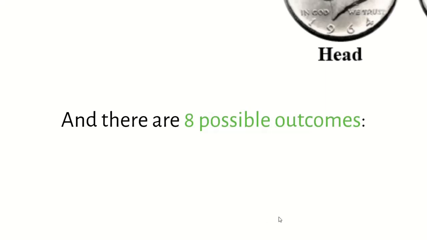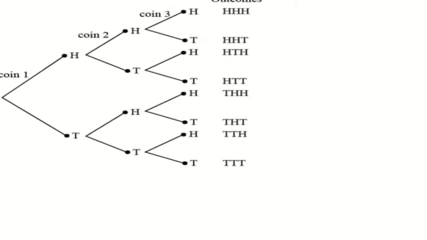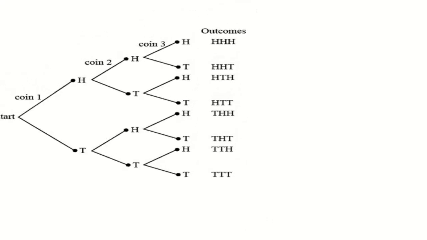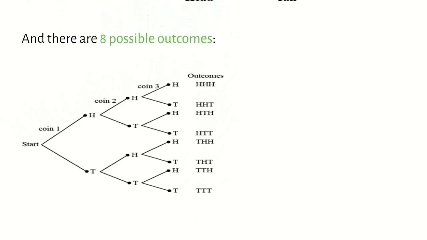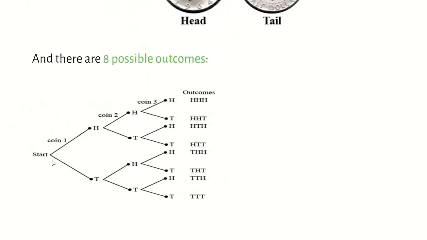Let's try to understand these possible outcomes using these 3 coins. Once we start tossing our coins, there will be 8 possible outcomes.